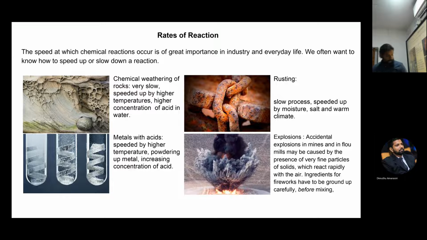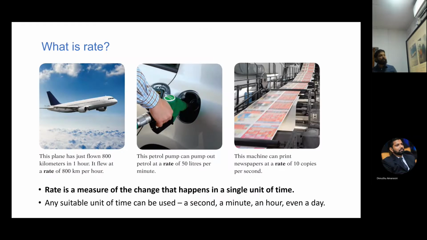What is rate? Rate is any change, any amount that happens in a single unit of time. That is what rate is. For example, let's say you want to see how fast the rate of your hair growth is. You measure the length today, measure again tomorrow and get disappointed.